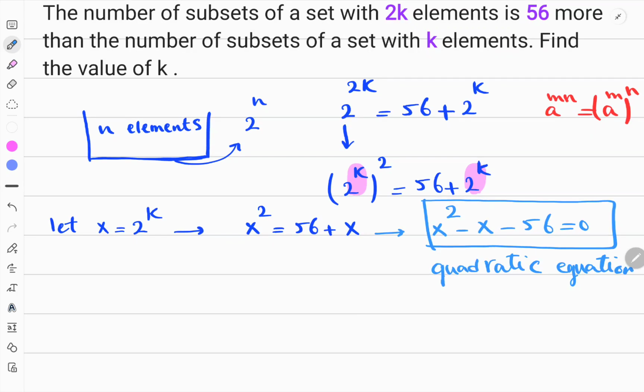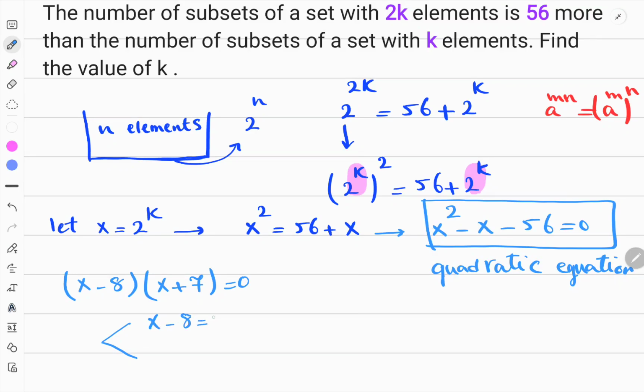There are different ways that you can solve any quadratic equation, but I'm going to use the product and sum rule, and I'm going to find two numbers that multiply to negative 56 and add to negative 1. These two numbers are negative 8 and positive 7.